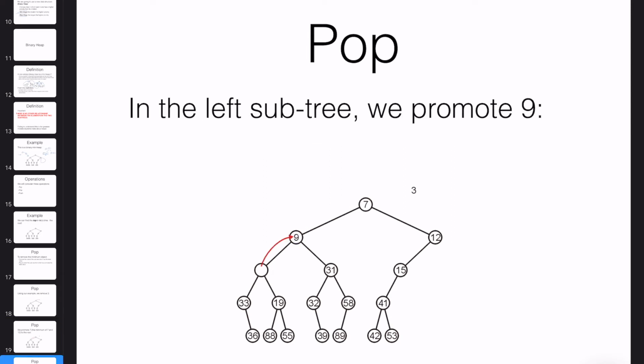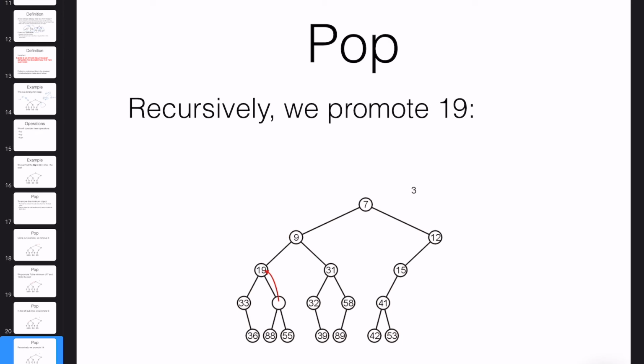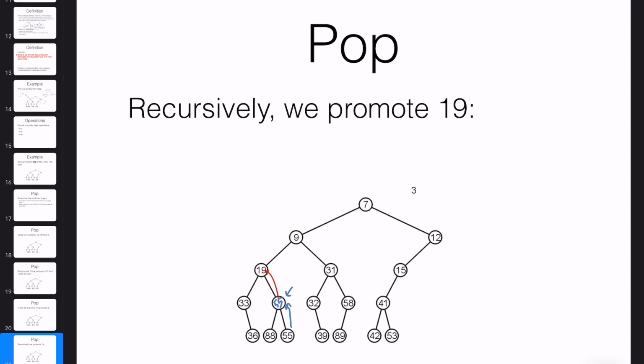And you repeat it to fill the position of 9. You have to check the left and right subtree. The minimum item this time is going to be 19. You copy that there, and then you fill the position of 19. Here you compare the left and right children. The minimum one is going to be 55. It will be copied here.